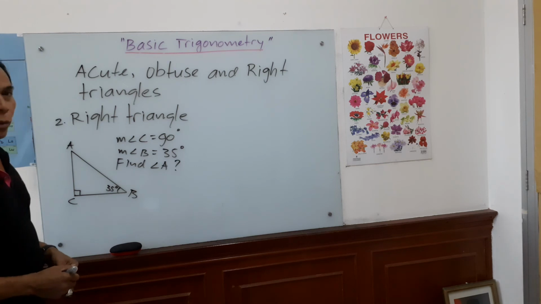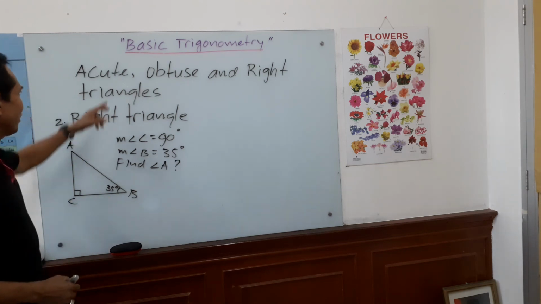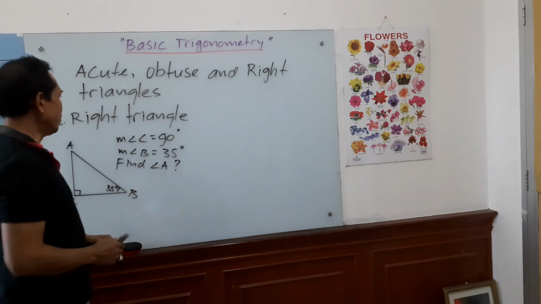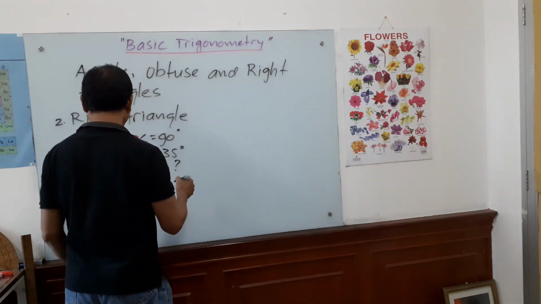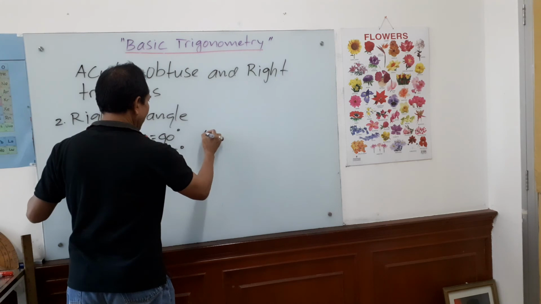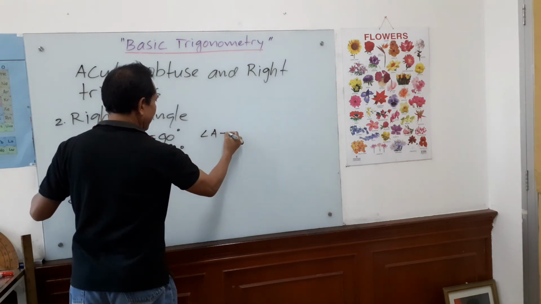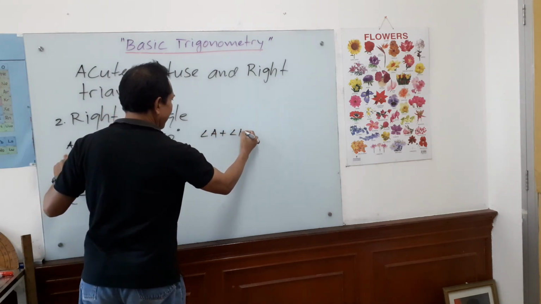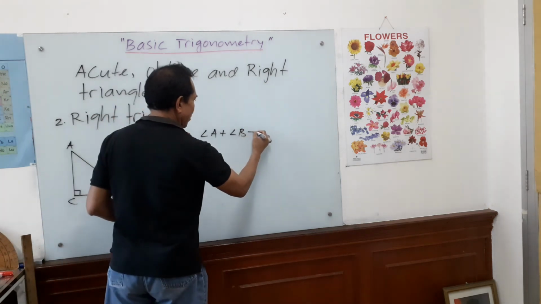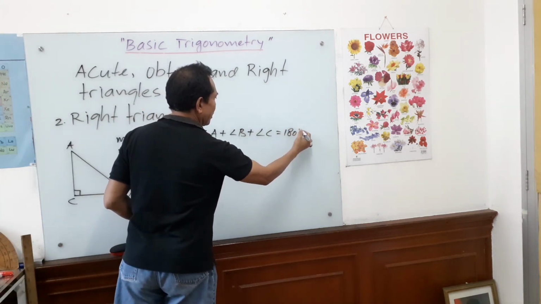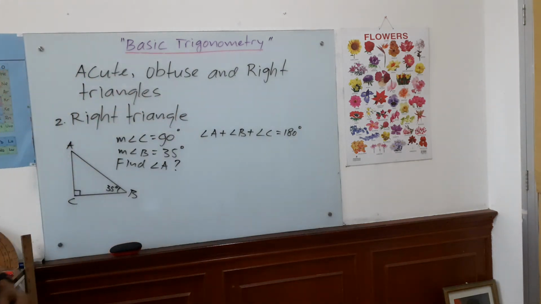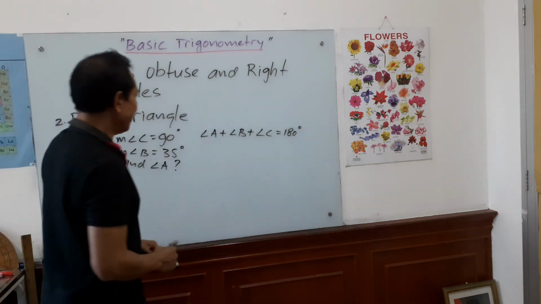We use the same method as we did with this acute triangle. So we have angle A plus angle B plus angle C equals 180 degrees. Okay, don't forget that. It's always 180 degrees.